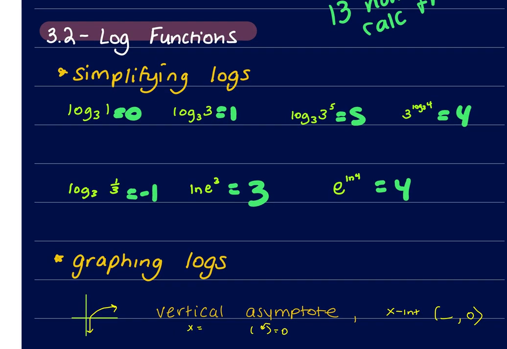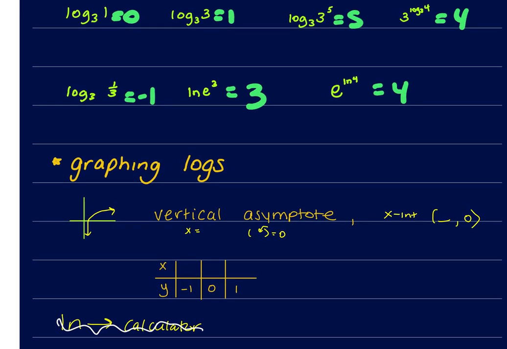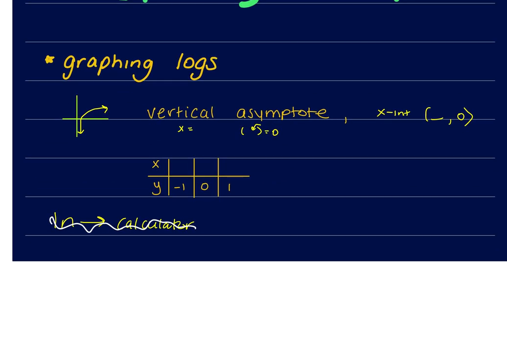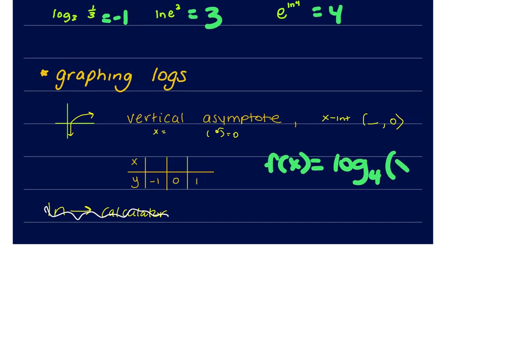All right, when it comes to graphing logs, okay, you could get asked any of these questions. 1, what does the graph look like? 2, what's the vertical asymptote? What's the x-intercept? What's the domain of your log? Okay, so let's say it said f of x equals log base 4 of x minus 3.